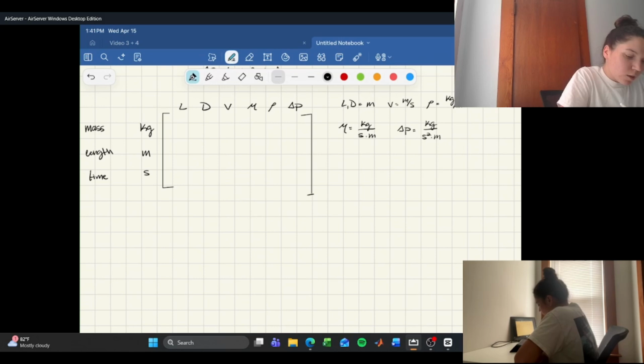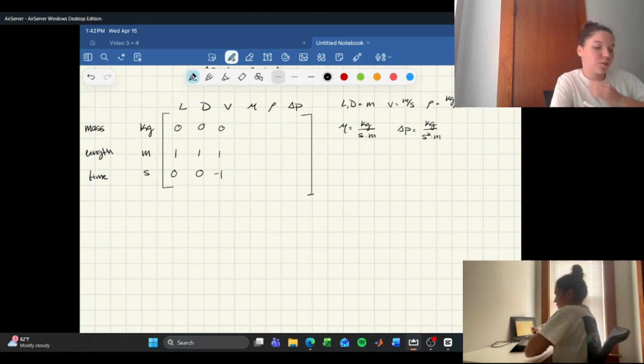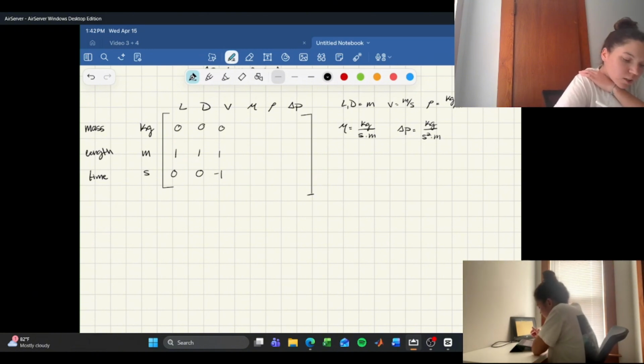So for the length going this way, there's no kilograms, no seconds, and meters is just one of those. Same thing here. For velocity, the meters is in the numerator and seconds in the denominator, so that's going to be a -1. And there's no kilograms in the units. Viscosity, there's kilograms in the numerator, and then seconds and meters are in the denominator, so that's a -1.